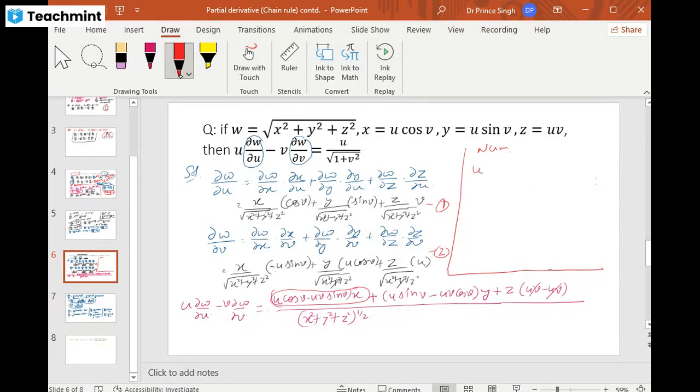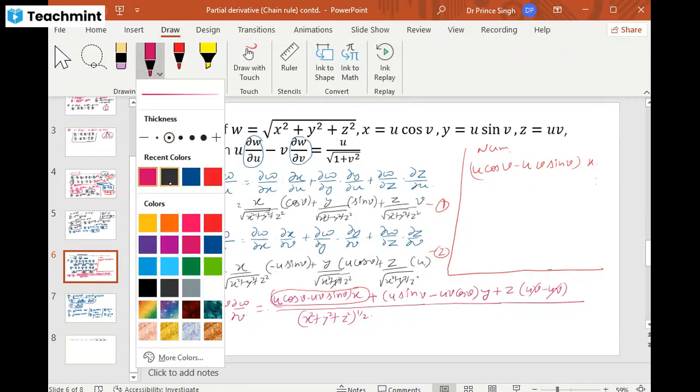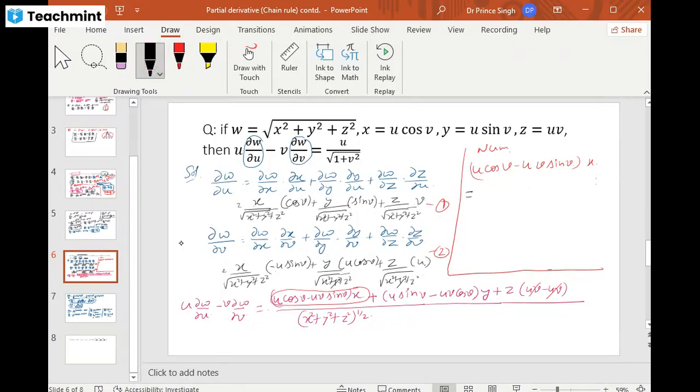So u cos v minus uv sin v into x. X is u cos v. So if I'm replacing the value here, this is equal to u cos v into u cos v. This is u square cos square v minus u square v sin v into cos v.